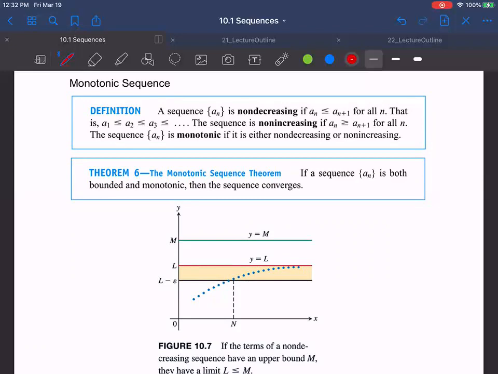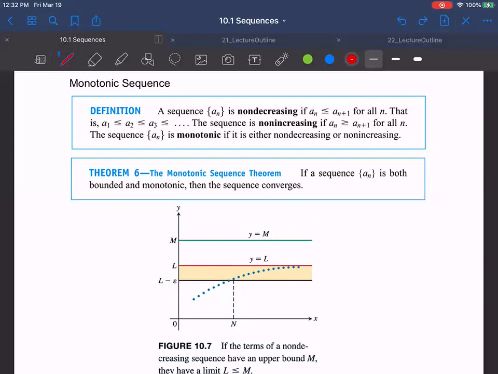And then it's not converging, right? If it was doing something like that, and then it went back down, well, then it didn't converge, right? So we need it to be both bounded and monotonic, never changing direction. If it's going up, it stays going up or goes constant, but doesn't start going back down.